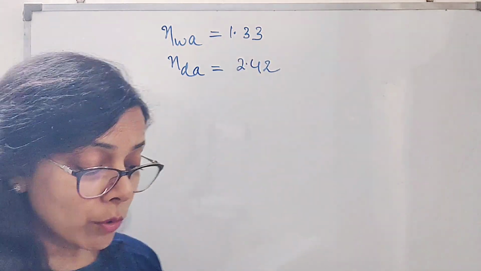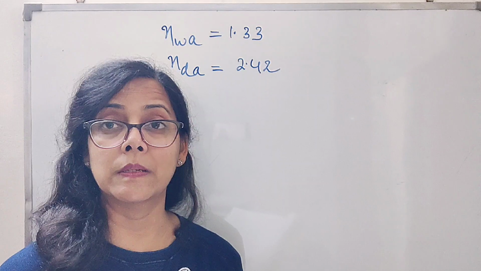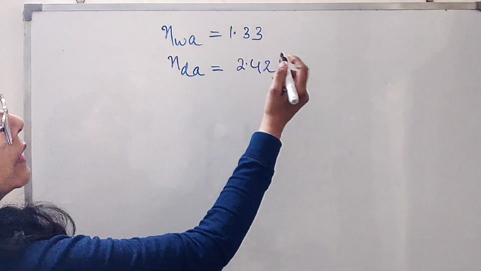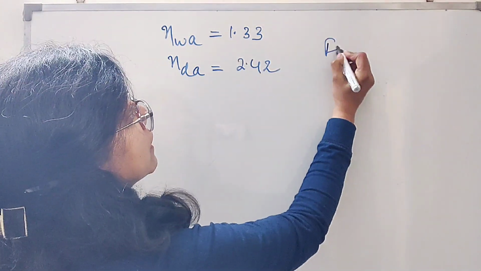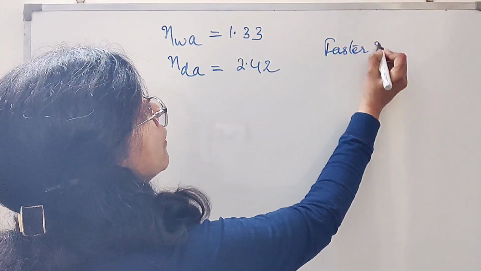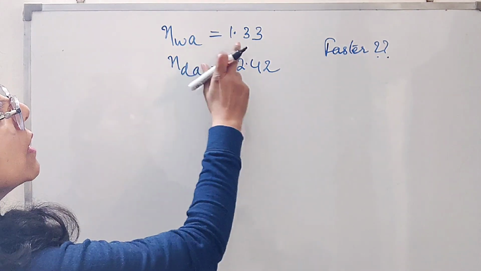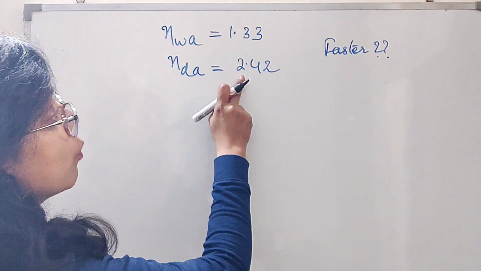Now the question is asking, in which medium does the light move faster, water or diamond? Faster they are asking. You can see in water it is 1.33, and in diamond it is 2.42.